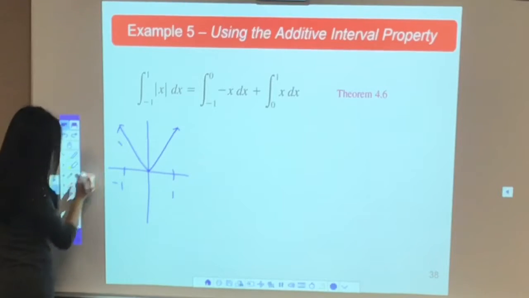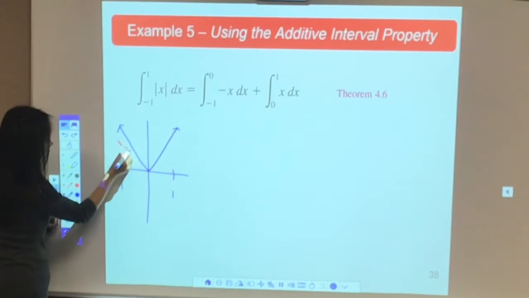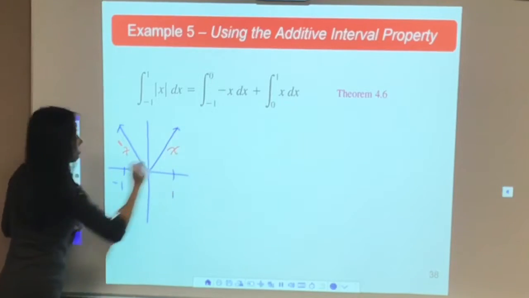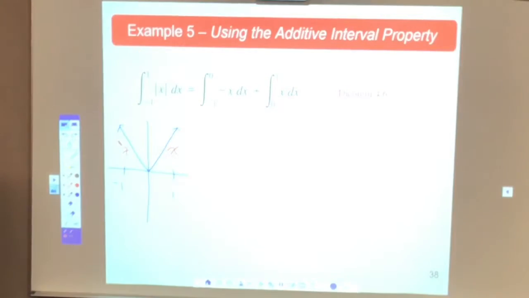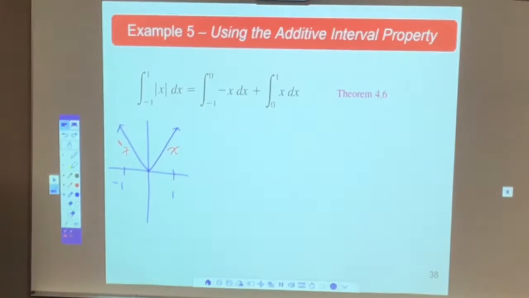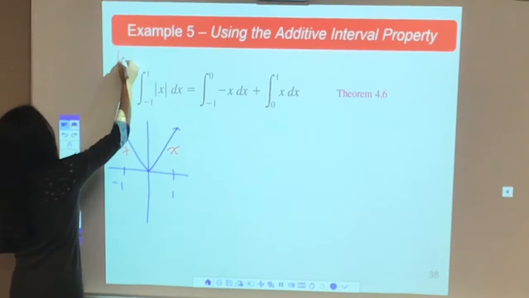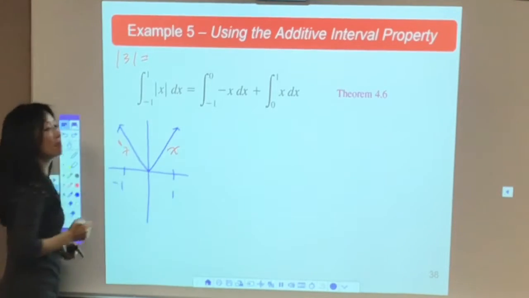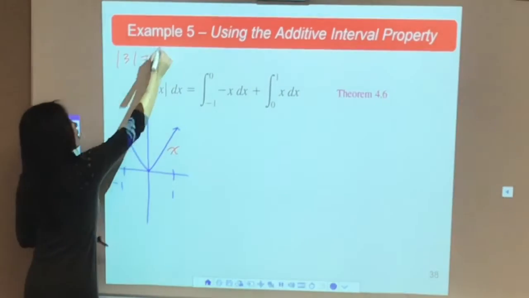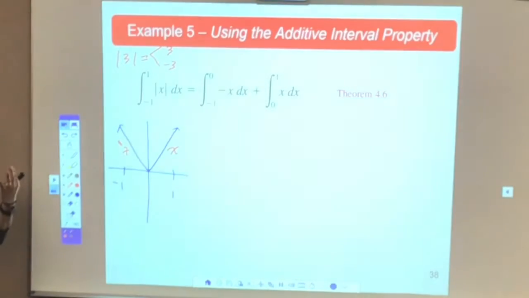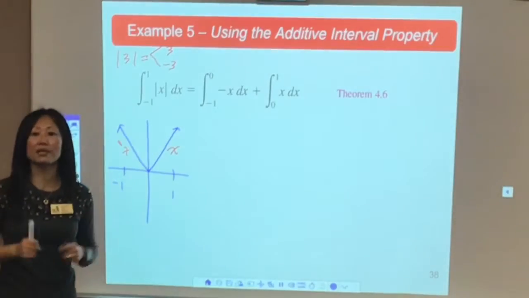So this graph right here is negative x. What's this graph here? Positive x. Absolute value, you always have 2 sides, remember? Just think about this one. If I give you absolute value equal to 3, what does that mean? It could be 3, it could be negative 3. Same thing. Whenever it confuses you, just think about simply a number.